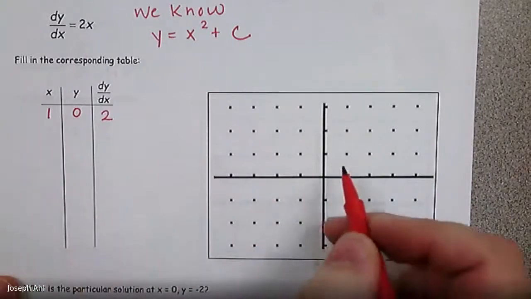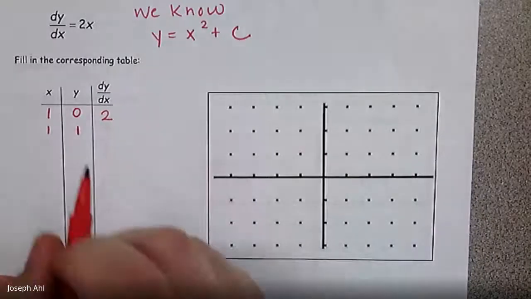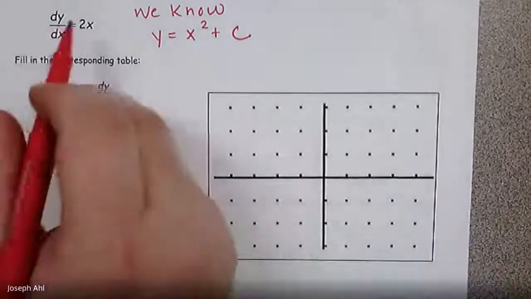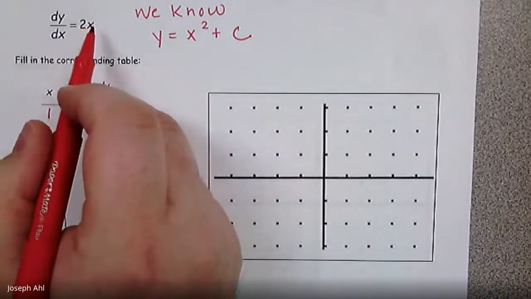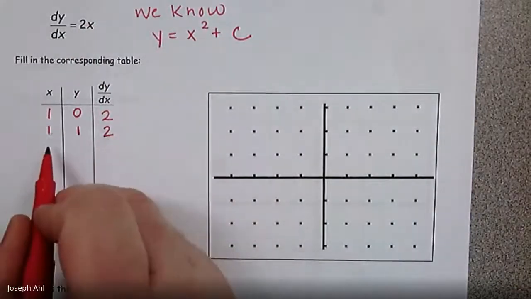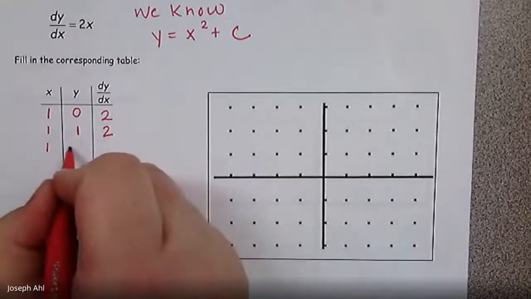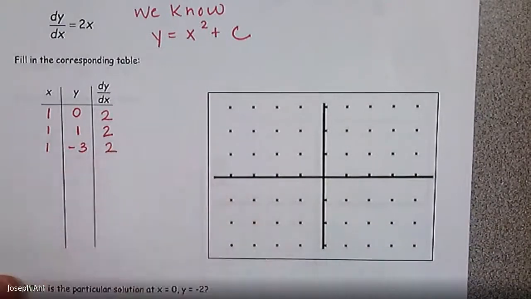And if I move up the line, like what if I went to (1, 1)? If that was the point that I wanted to find the slope at, again, it's just plugging in 1 for x. So 2 times 1 is going to be 2 again. And in fact, if I go down to (1, negative 3) down here, dy/dx is going to be 2 there as well.